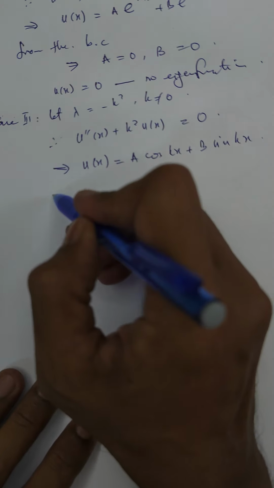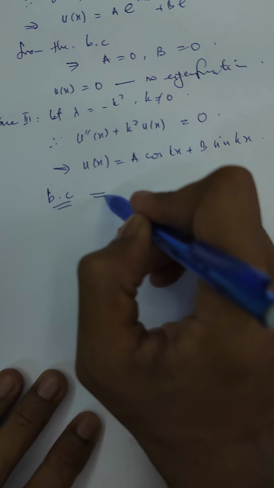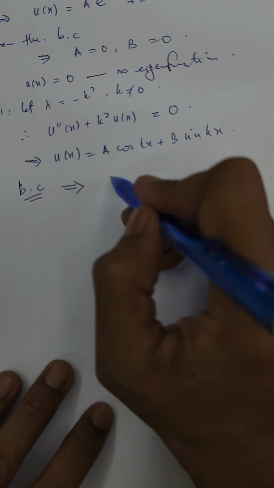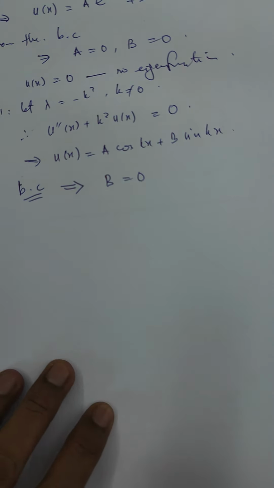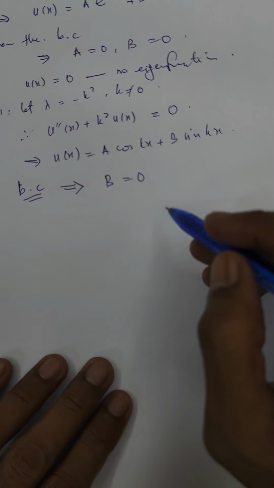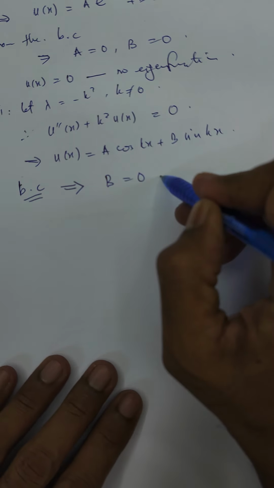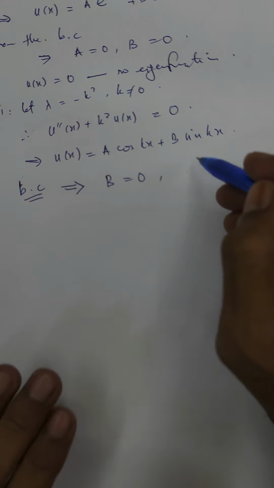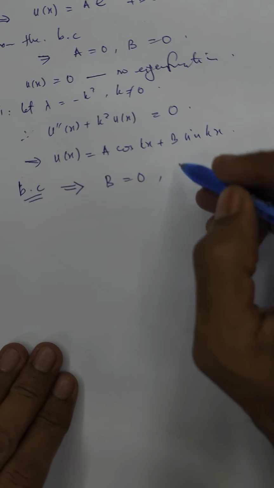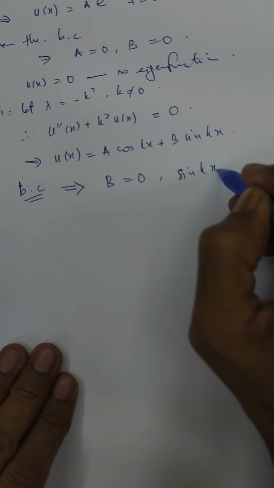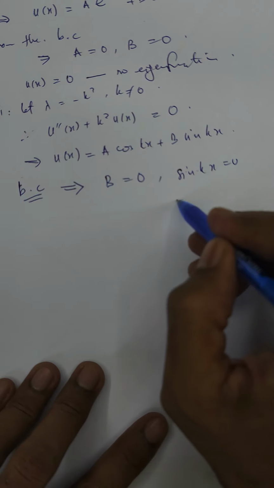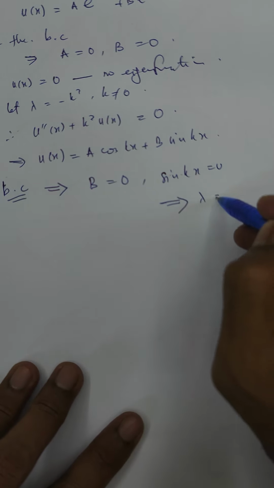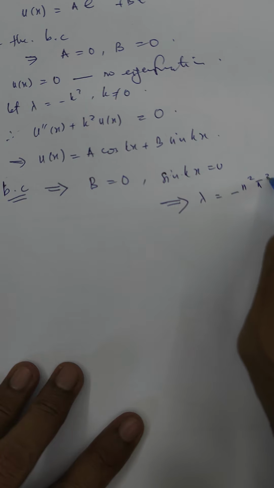Using the boundary condition, we obtain that a equal to 0. Also we have b sin k equal to 0. So we have sin k that gives you 0, and from that you can find our lambda is actually minus n squared pi squared.